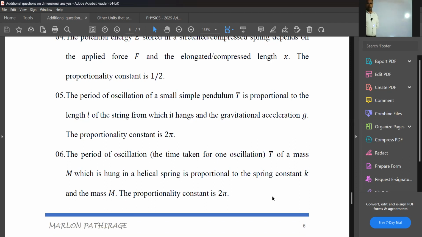The period of oscillations T of mass M, which is a helical spring, is proportional to the spring constant K and mass M, and the proportional constant is 2.5. In this case, we are given some data.